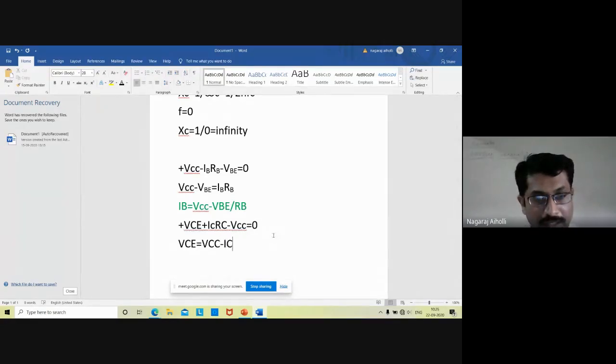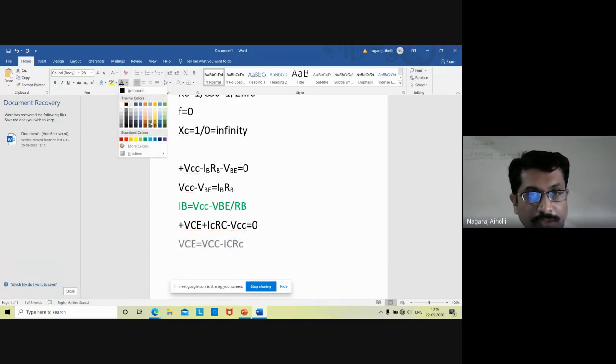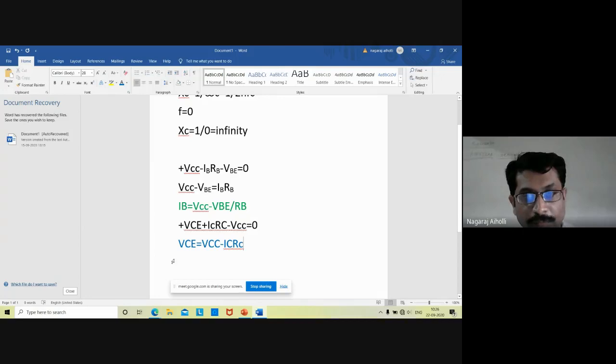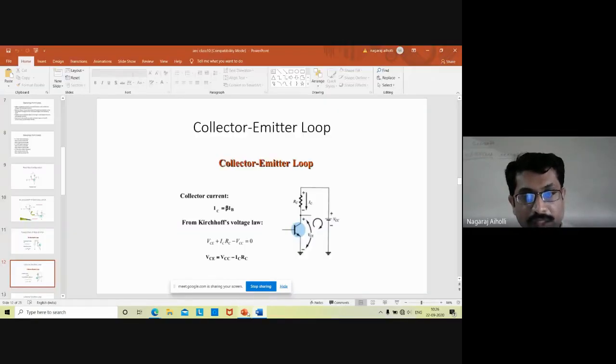This is the equation for VCE, collector to emitter voltage, when I consider the output loop. VCE is equal to VCC minus ICRC. Clear, students? This is for the collector emitter loop.